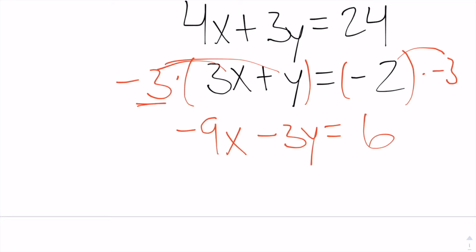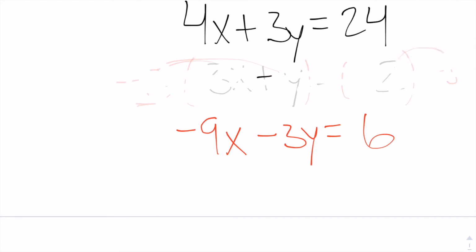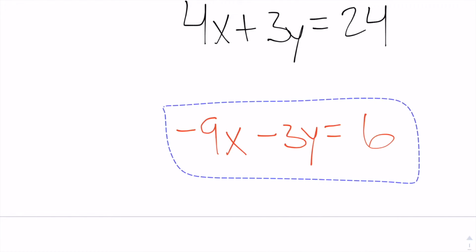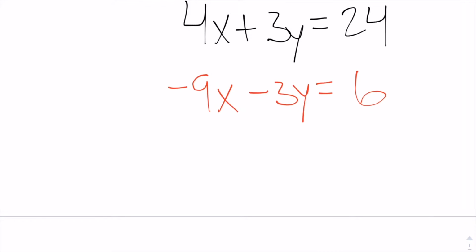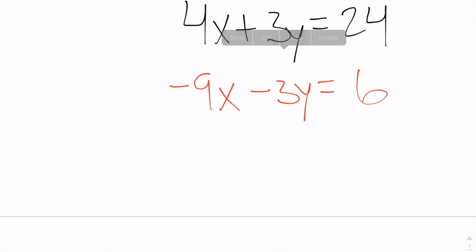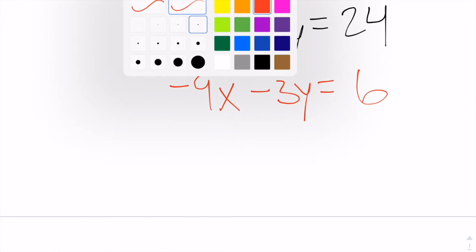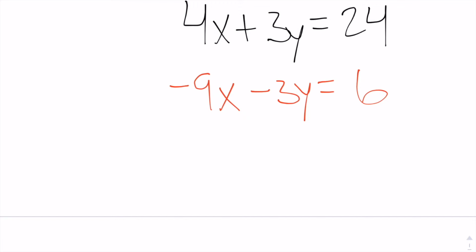Okay? So what I'm going to do this time is I'm actually going to erase the middle equation now, because we don't need it anymore. Okay. So now we can do the math.